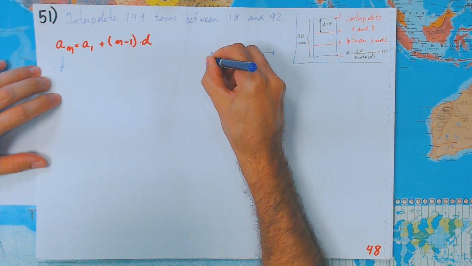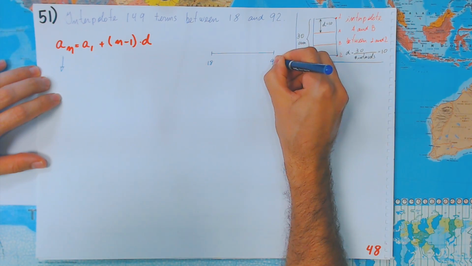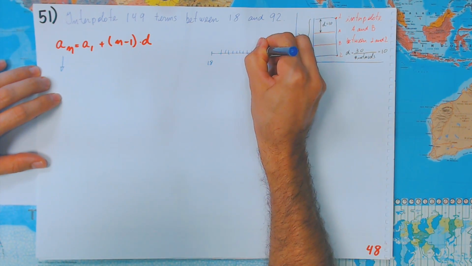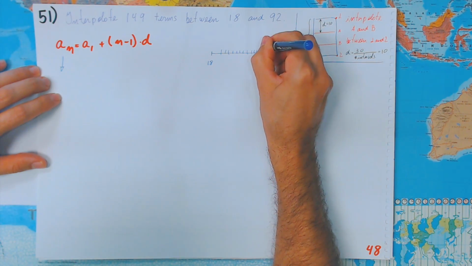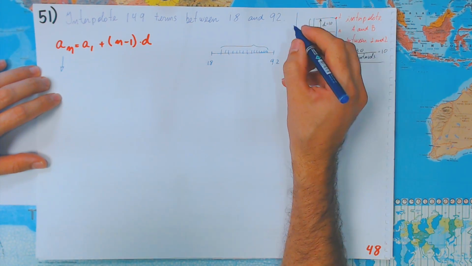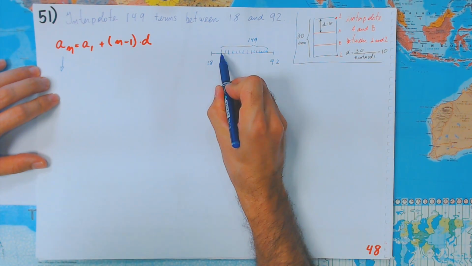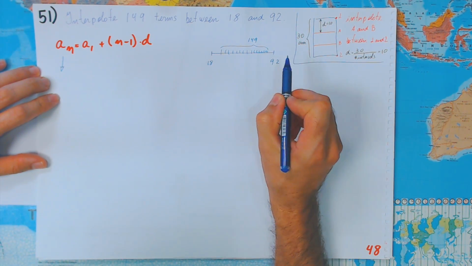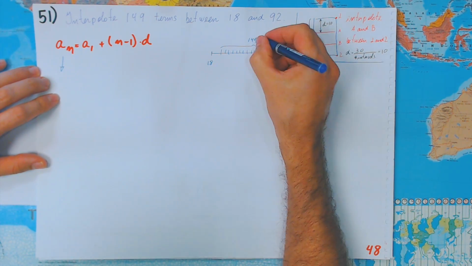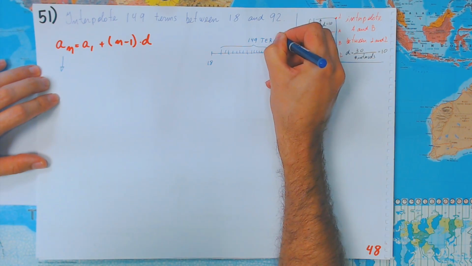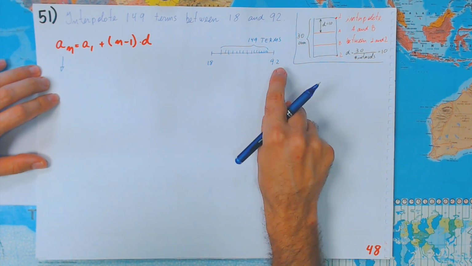This is going to be 18, this is going to be 92, and we're going to have many separators here, and those are going to be 149 lines to separate. So this is going to be 149 terms, 150, 151.